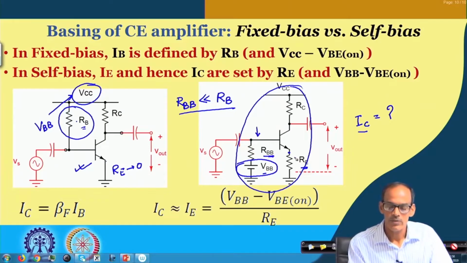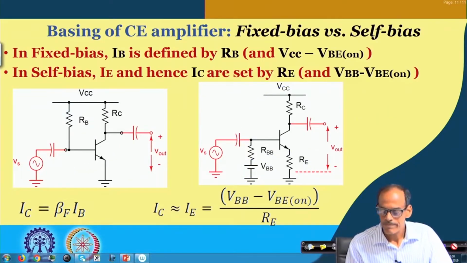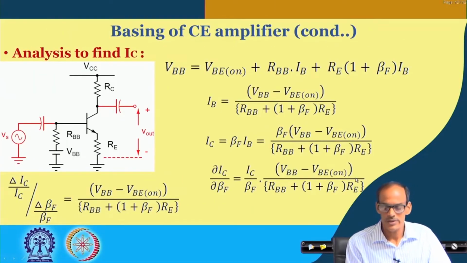In the fixed bias circuit, the collector current will have a lot of dependency on the beta of the transistor, whereas for the self bias circuit the dependency will be less. So let us see the analysis of this circuit. In the next slide we are going to analyze this circuit in detail.